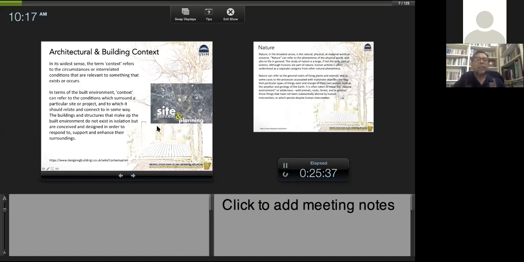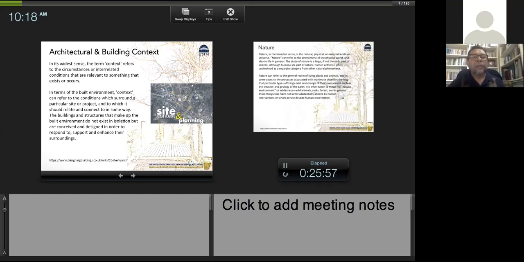Let's see next: architecture and building context. Now, it's important. The term context refers to the circumstances or interrelated conditions that are relevant to something that exists or occurs.